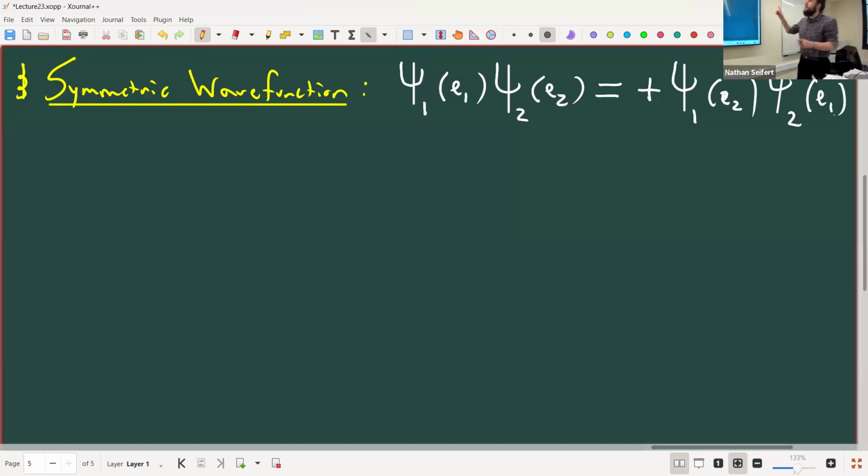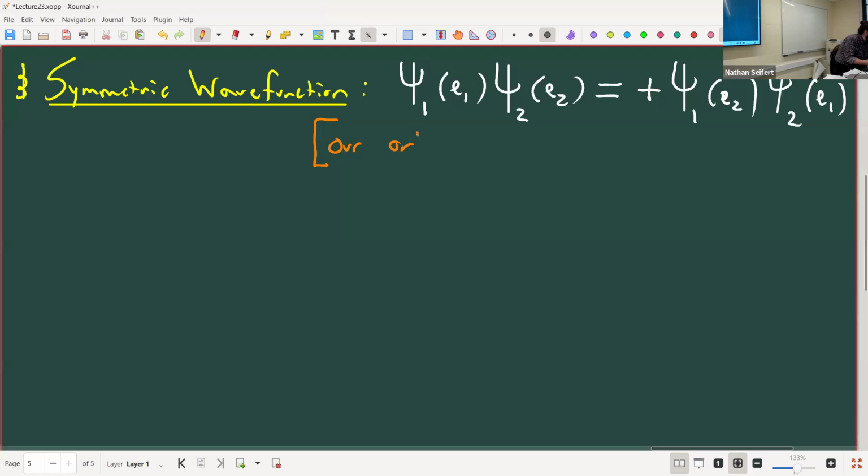Okay, so when I take the two wave functions that have two electrons in them, and I swap those electrons, I get the same functionality. Nothing changes. That's what we had before, right? Remember, this is exactly what we had before. This was, for our helium atom, our orbital approximation.